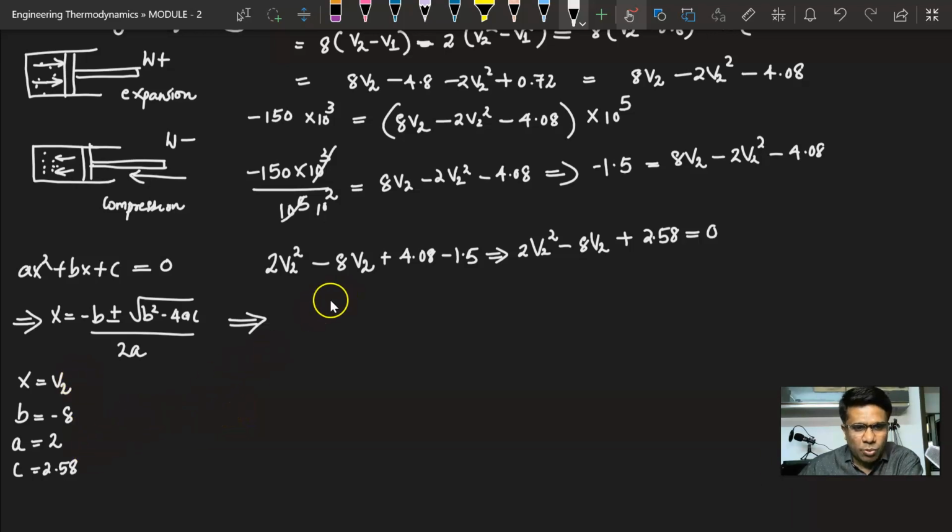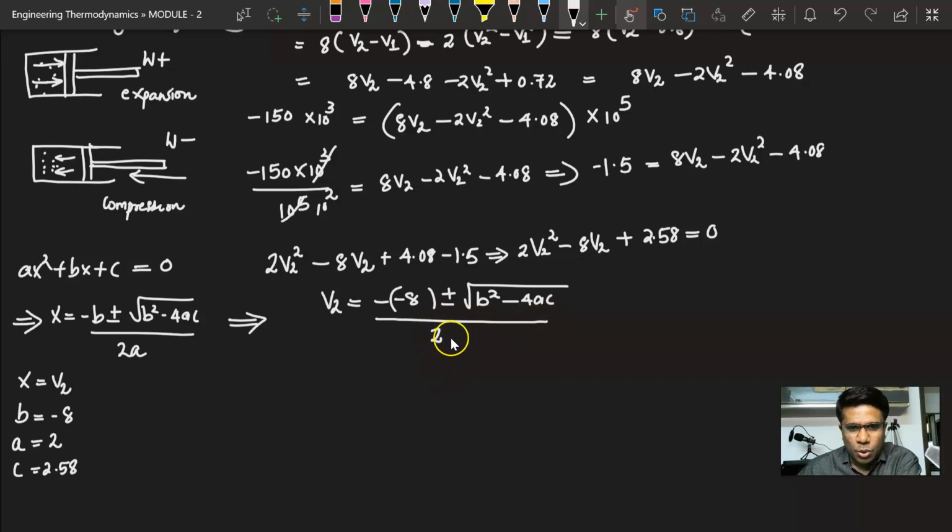So when I am solving this one, I get V2 is equal to minus b, means minus of minus 8, plus or minus root of b square minus 4ac, divided by 2a. 2 into a is 2 into 2, that will be 4. Now you find the value of b square minus 4ac, and the value of b square minus 4ac will be equal to 6.584.